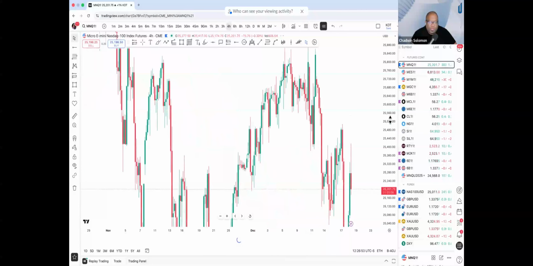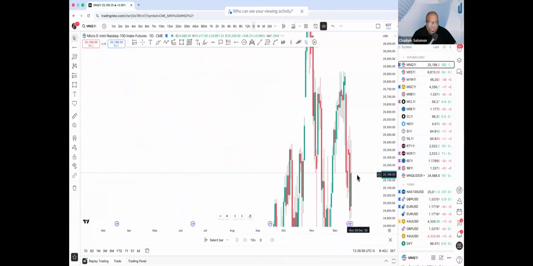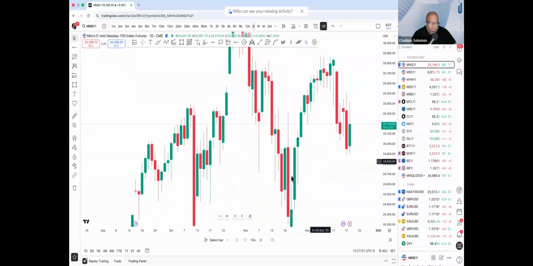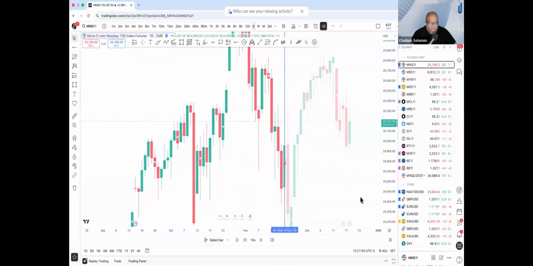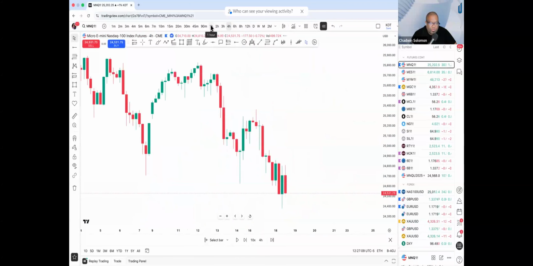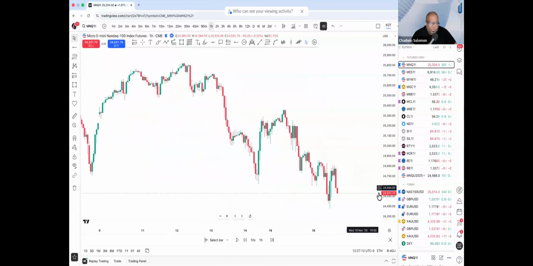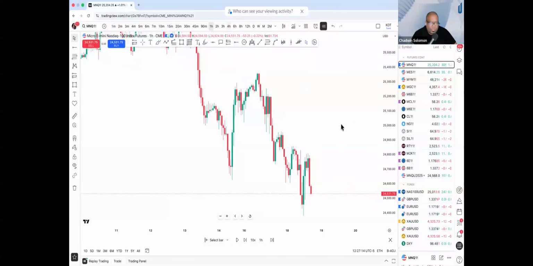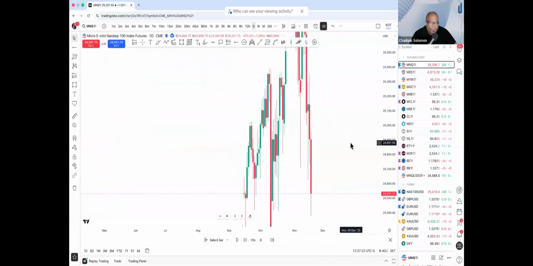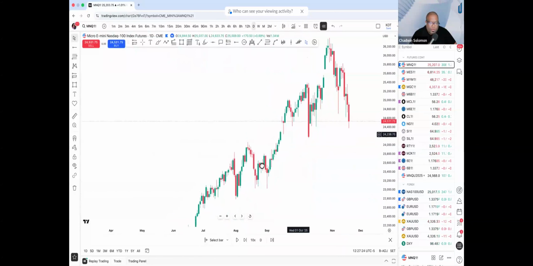Let me see if I can find one here. This one I always find a hard time finding an example about, but when you're in a live market, you always find one. Once I find it, I'll show you. I cannot find it now.